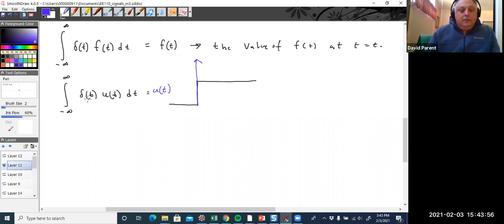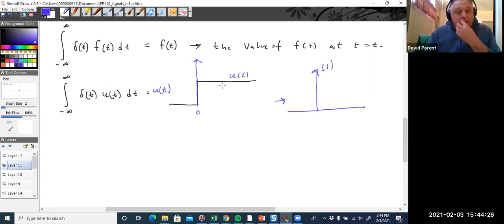So again, that delta function, as shown, only exists at time equals 0. It's 0 at other times. The u(t) is 0 and then goes up to 1 right at 0. And so if I multiply these two together, I get the 1 that u(t) was, which was the original thing.